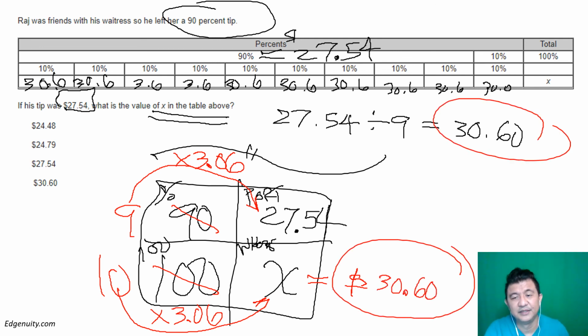What have you observed? Your answer is the same. So that's it. Remember those three methods and you can solve for the whole, the original amount. Okay, good luck in your succeeding exercises. Thank you.